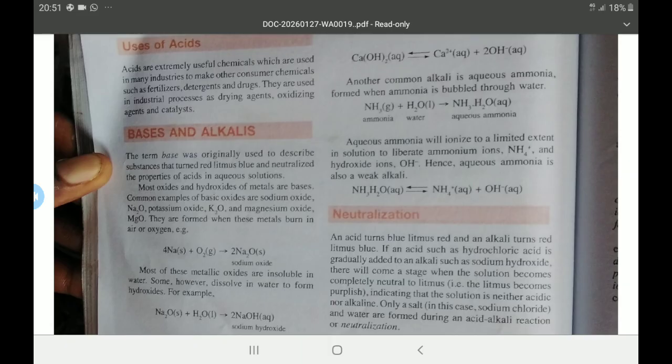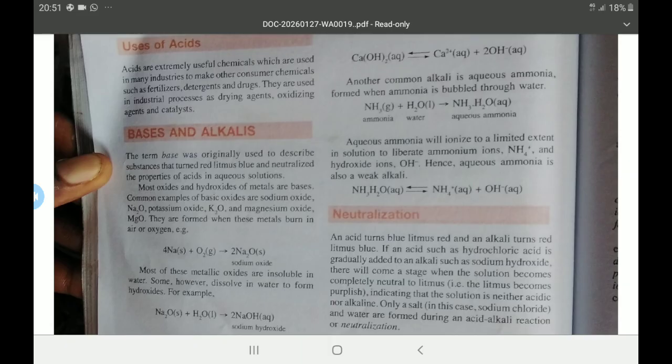Meanwhile, acid turns blue litmus to red, while base turns red litmus to blue, and it neutralizes the properties of acid in water. Aqueous there is water solution. So it means that the abilities of an acid in an aqueous solution are weakened and neutralized by the presence of bases.